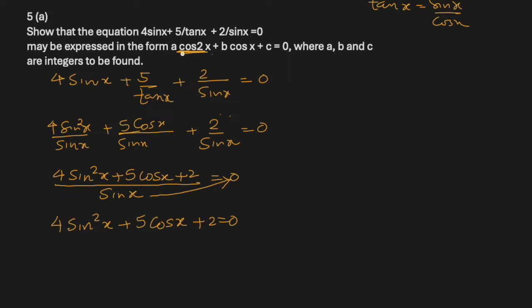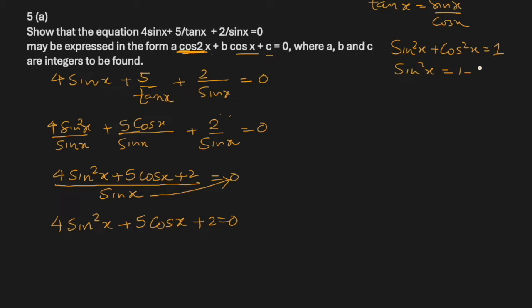Okay, but they are asking for cos² x, cos x and c. Cos x and c are there, but this is not cos² x, so we have to change it. So we have another identity, which is sin² x plus cos² x equal to 1. We want to replace this sin² x by cos² x. So we will isolate sin² x.